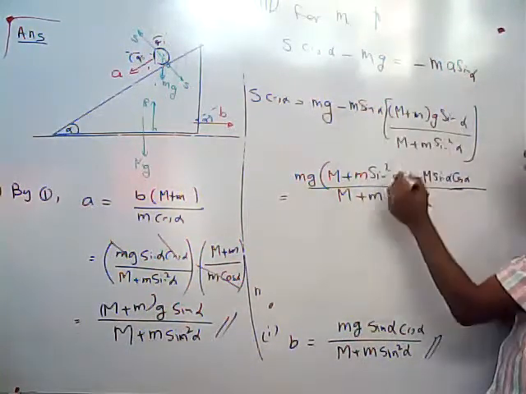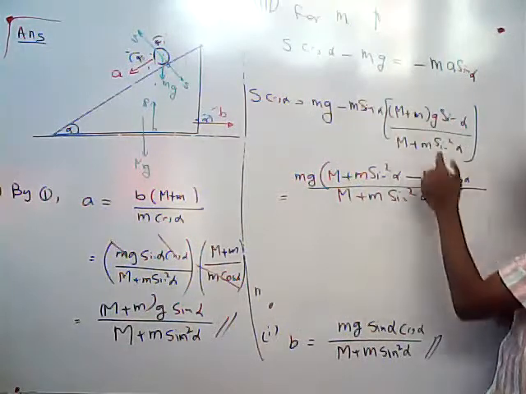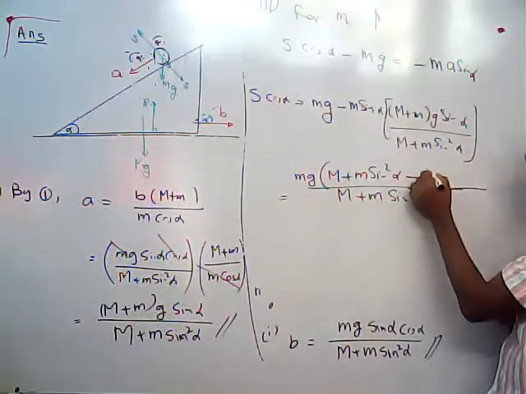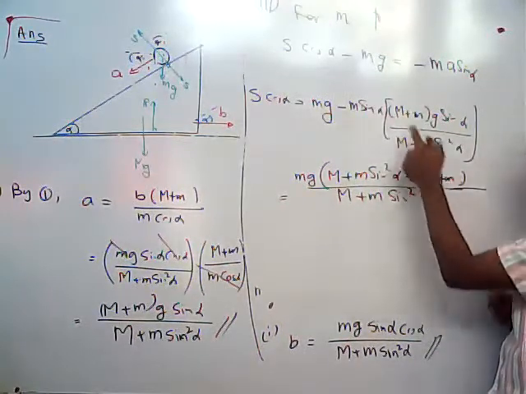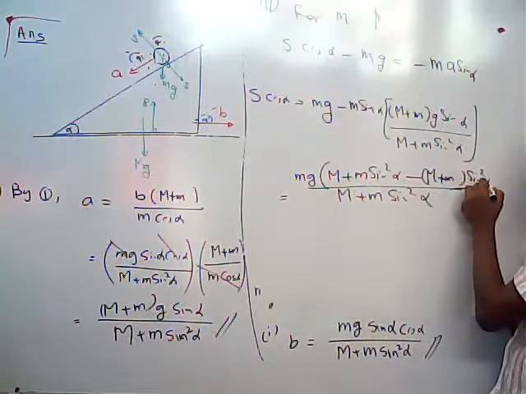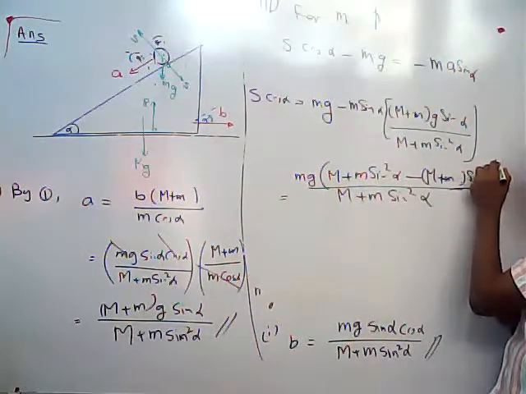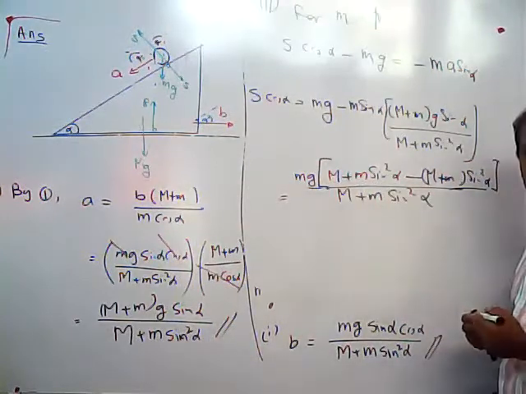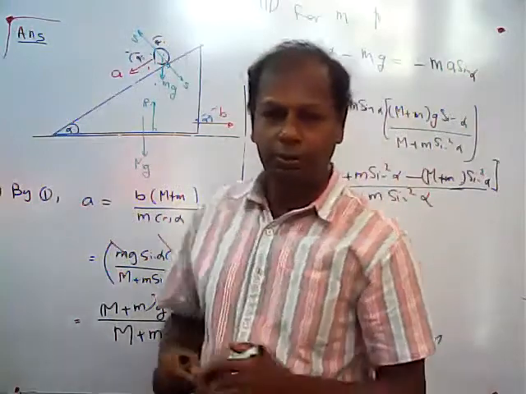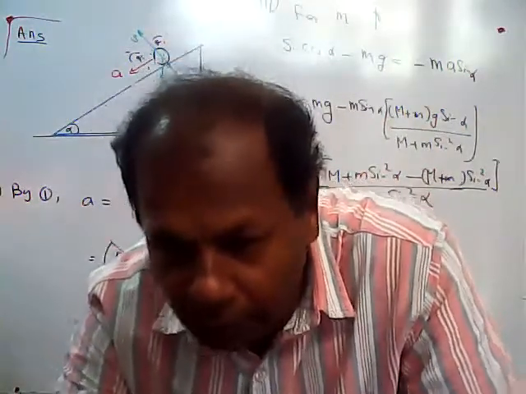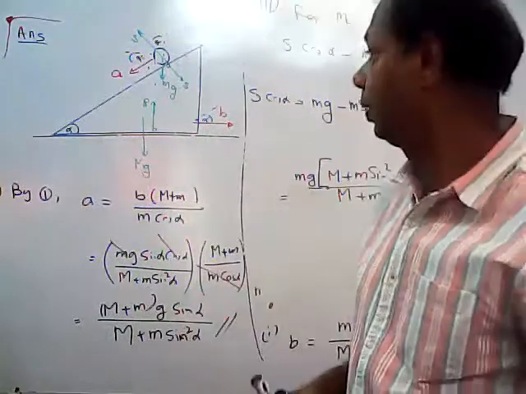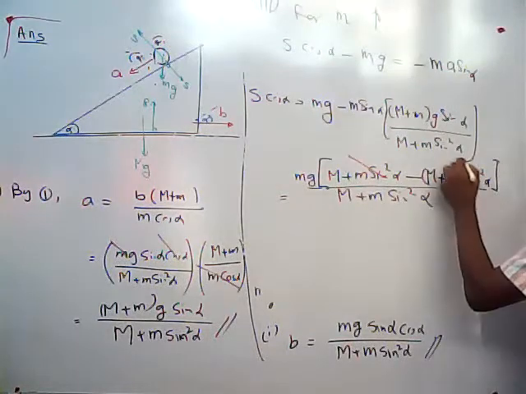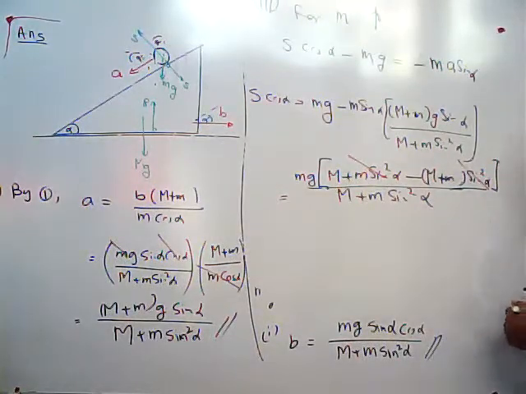So then M sin squared alpha, or I'll write it like this, m plus M sin squared alpha. Right? Did you notice that M sin squared alpha is cancelled? No, not that, this one.